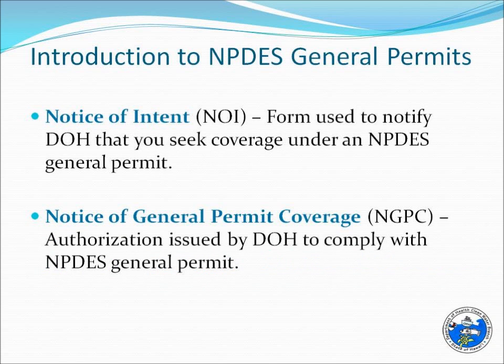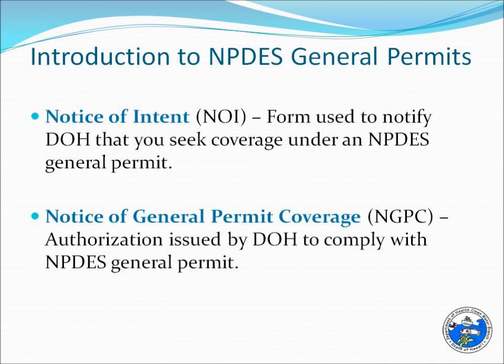After you read and understand the general permit, and you determined that you can comply with all of the conditions of this general permit, you submit the Notice of Intent or NOI. The NOI is a form used to notify the Department of Health that you seek coverage under a NPDES general permit.